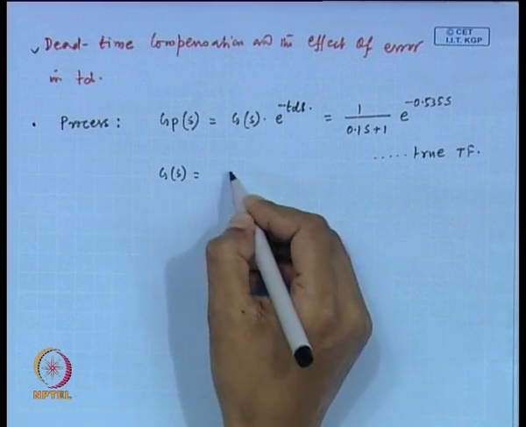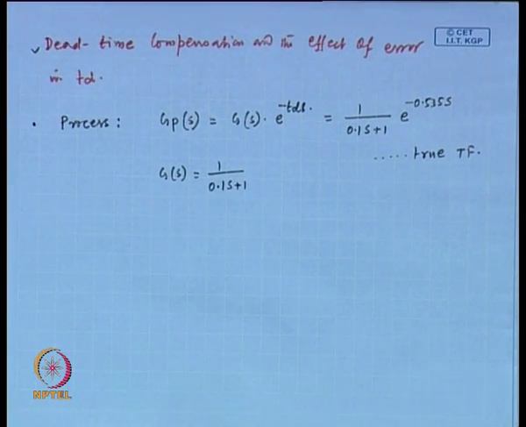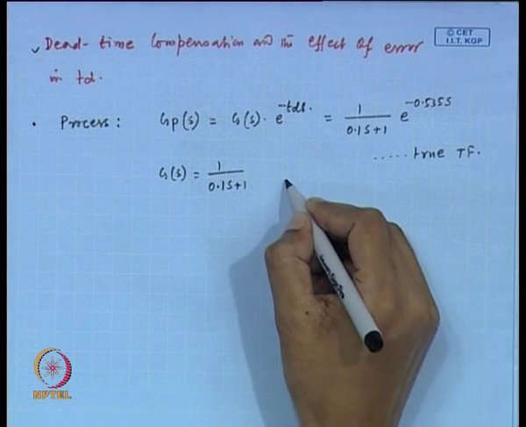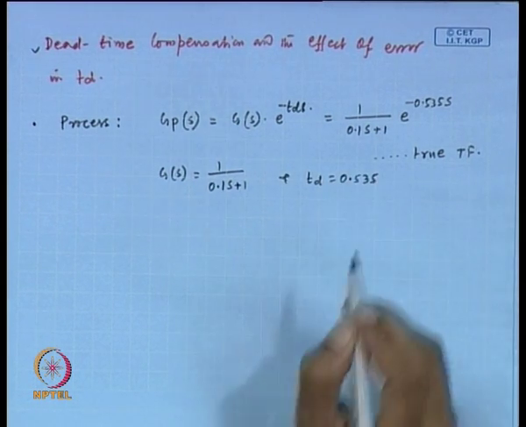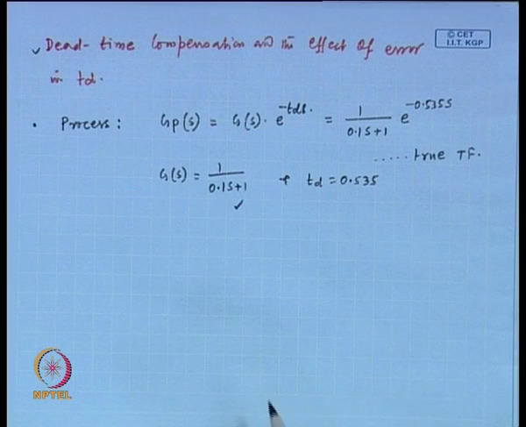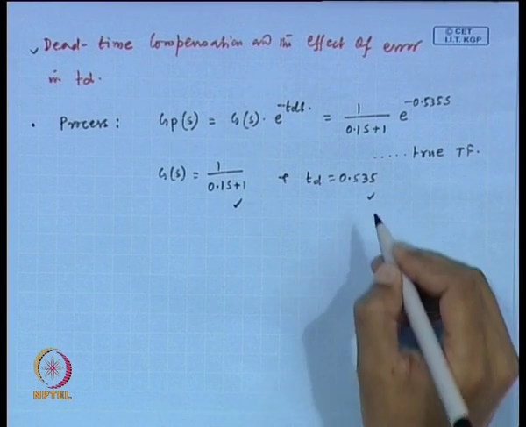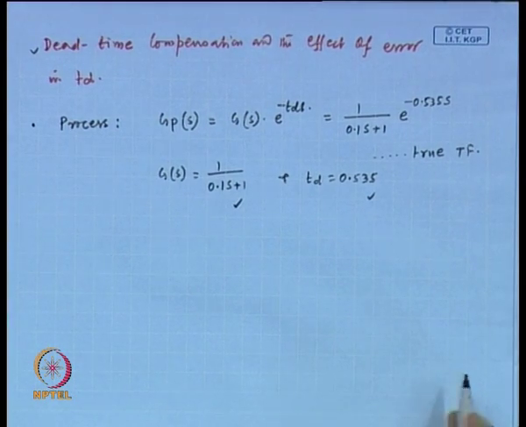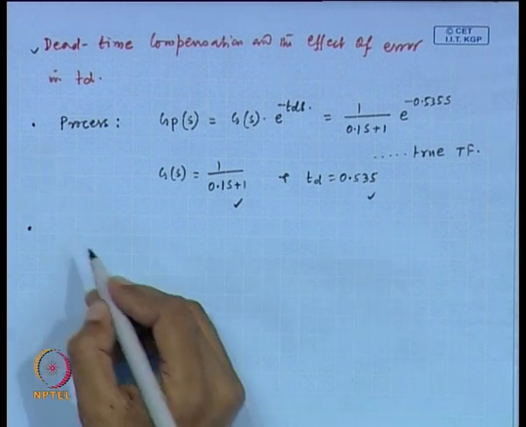Obviously, Gs is 1 divided by 0.1 s plus 1 and TD is 0.535. We will consider P only controller.